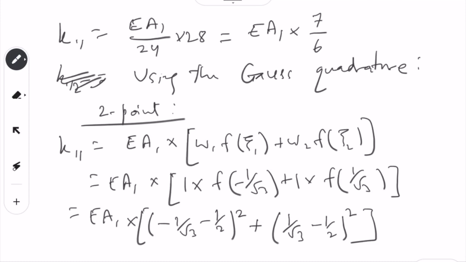This is what the value will be, and the rest is we just simplify. EA1 multiplied by, we know that if you square, we just get 1 over 3, 2 of them, right? So it will be simply 2 times 1 over 3 plus 1 over 4. Yeah, that's it.